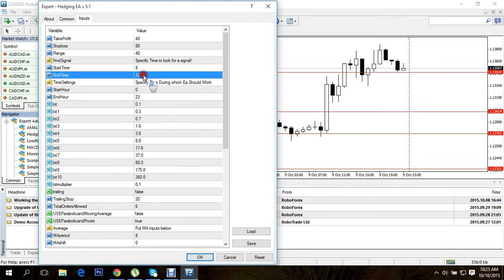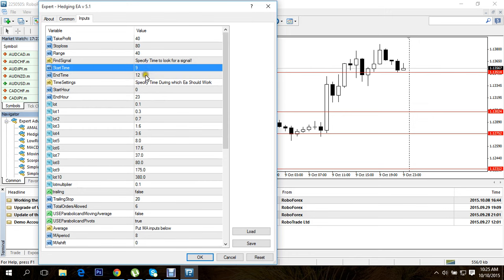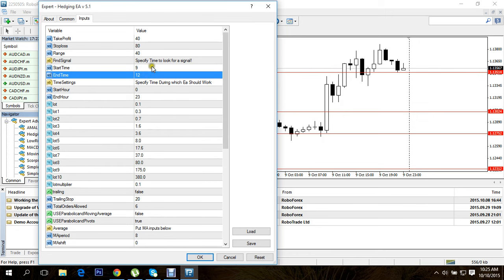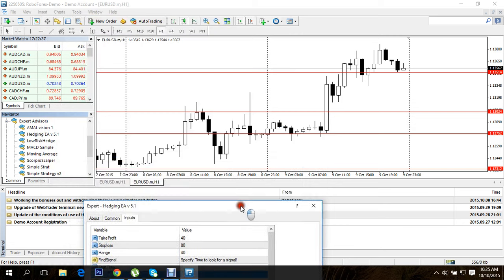But the basic idea of these two variables is that you can define your own time, and between these times this EA will look for a signal. By default I set it to 9 and 12, on the H1 time frame.